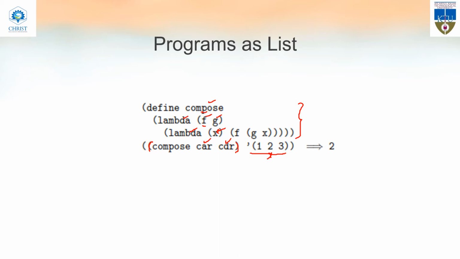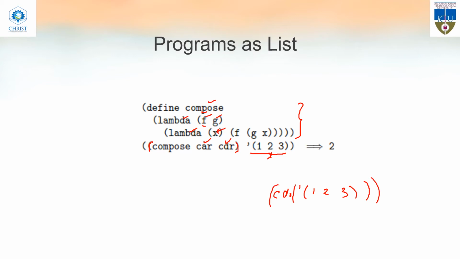Now how will this get executed? 1 2 3 is actually x. So I am replacing x with 1 2 3. What happens is, with list 1 2 3, first g of x gets executed. g is actually cdr, so first thing that will execute is cdr of x.